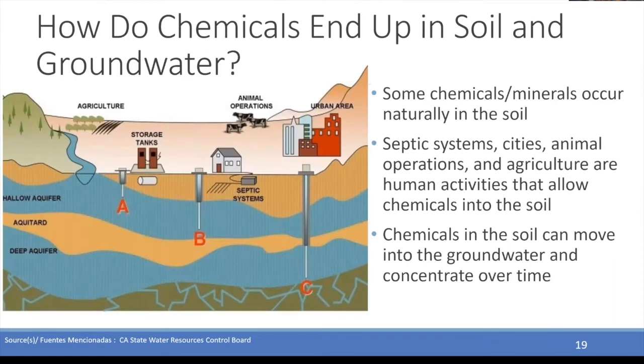So now on slide 19, how do chemicals end up in soil and in groundwater? So some chemicals and minerals can be found naturally in the soil, but also septic systems, cities, animals, industrial operations, agriculture, other human activities can allow chemicals to enter into the soil.